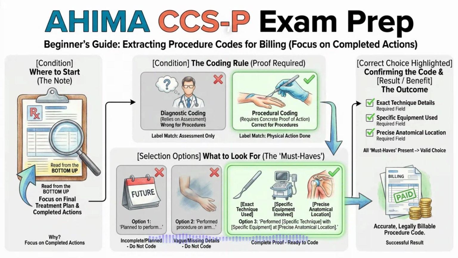You must find documentation detailing the exact technique used, the specific equipment involved, and the precise anatomical location where the service was provided. If the provider states they plan to perform a procedure, but there is no documentation proving they actually finished it, you cannot legally bill for it.